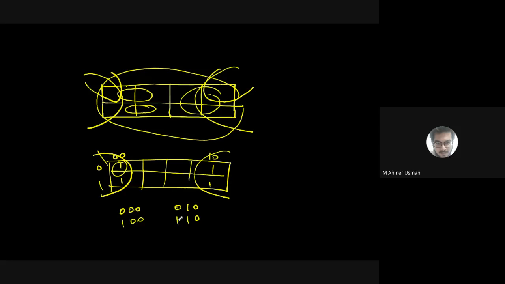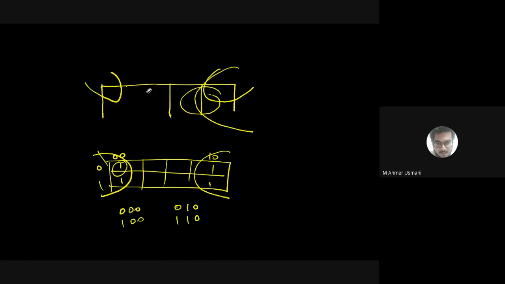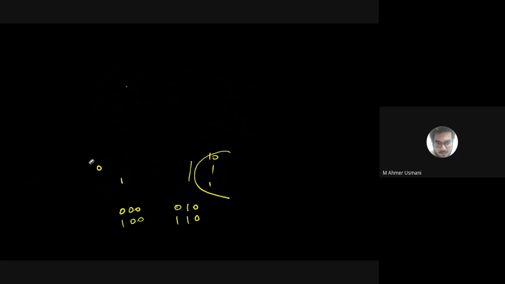Yes sir. So how many groups, how many ways can I make a group? Quickly I'll just erase all this. So how many ways can I make a grouping?